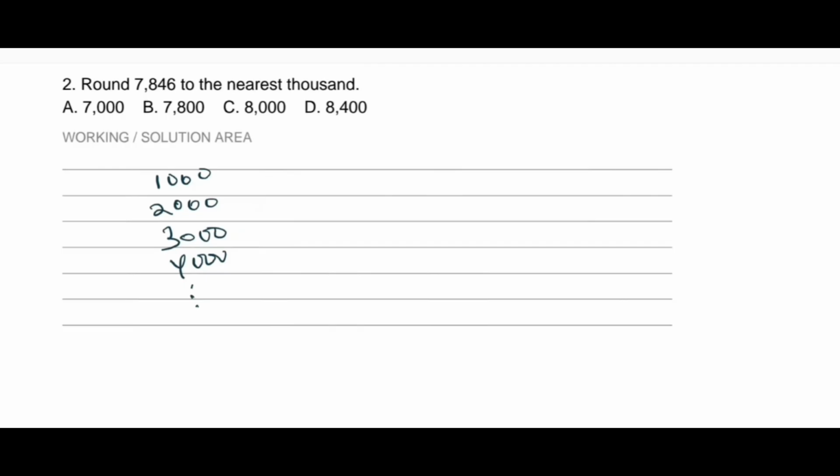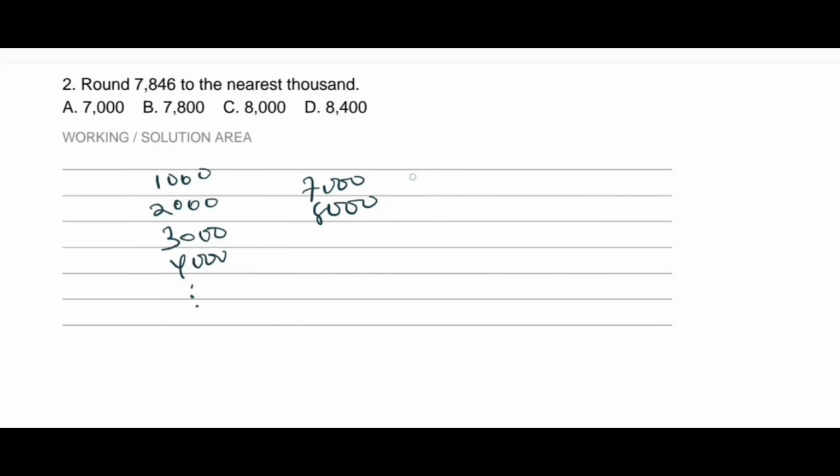Now, the number we have been given is 7,846. So what you have to bear in mind is that for you to get the nearest thousand, they want to know whether when you round off this number, you get 7,000 or you get 8,000. You understand? So now let's find out how we will go about it.